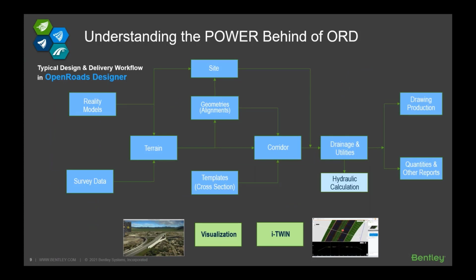Now, this is an overall picture of the design and delivery workflow in OpenRoads Designer. And this may be similar to what you do using other civil design software. However, how do you face the challenge of handling numerous data saved in quite a number of files? A medium to large-scale civil infrastructure project may involve hundreds or even thousands of files coming from different teams doing different tasks like survey, alignments, site, cross-section, and then of course your corridor model itself. What if you also need to lay out the existing drainage, other utilities networks, together with your proposed lines as well?